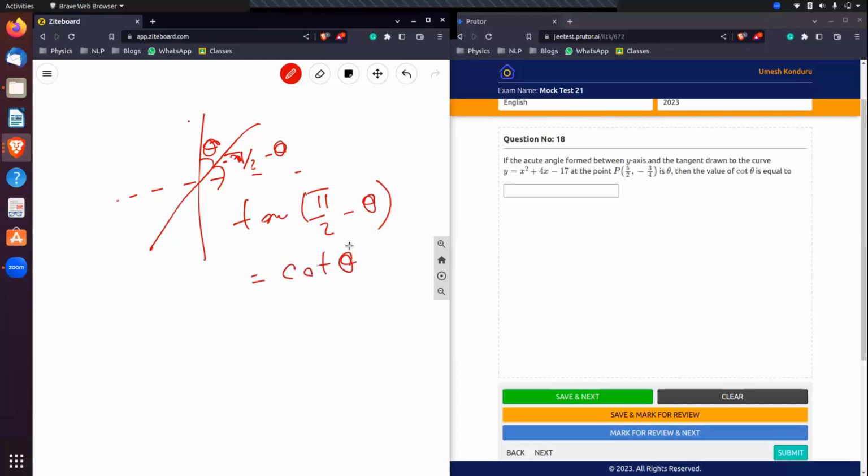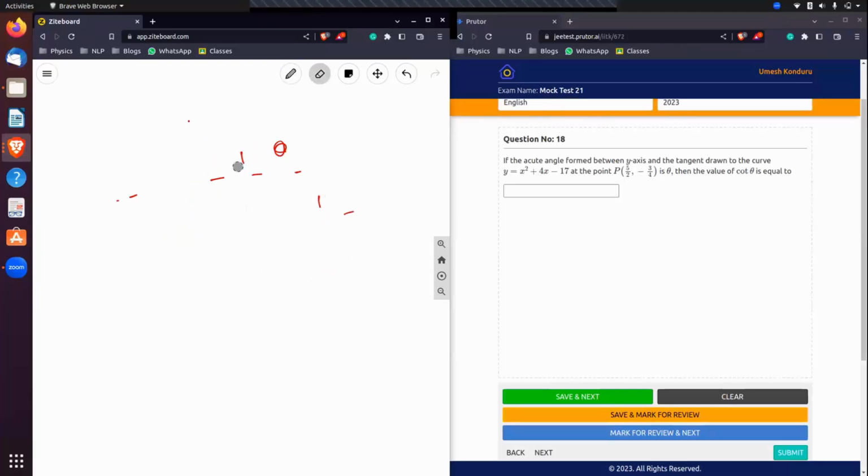So all you have to do is figure out the slope of the function. If you differentiate the function, you get 2x plus 4, and then put in 5 by 2 in place of x, you get 9. That will be the answer.